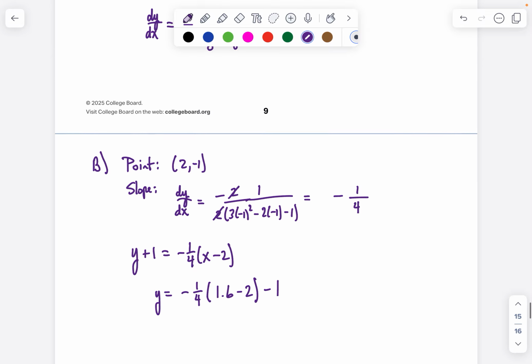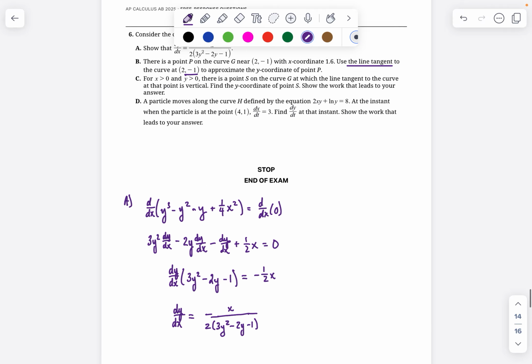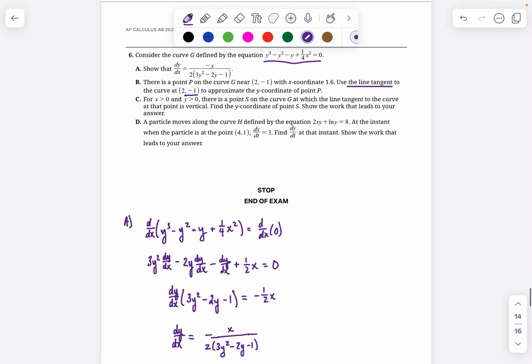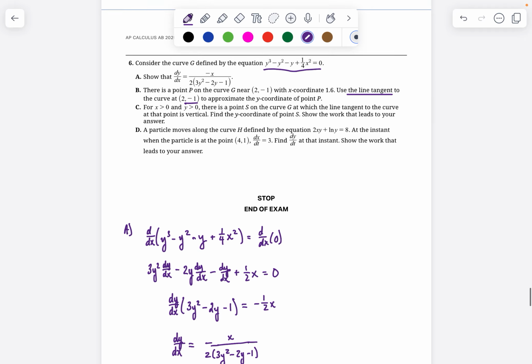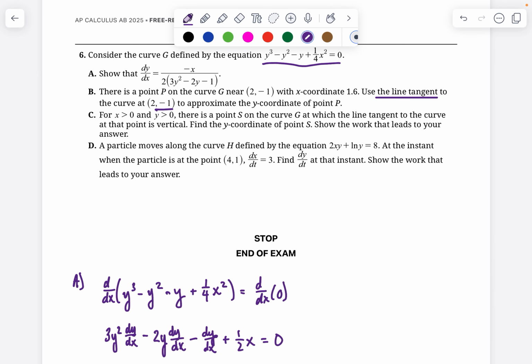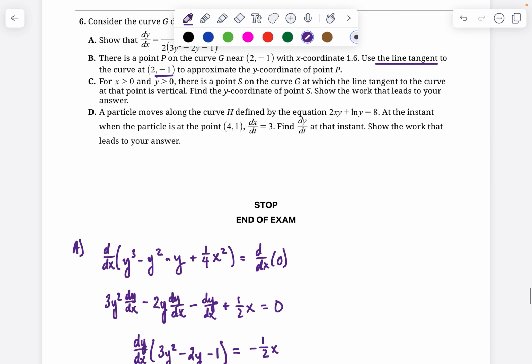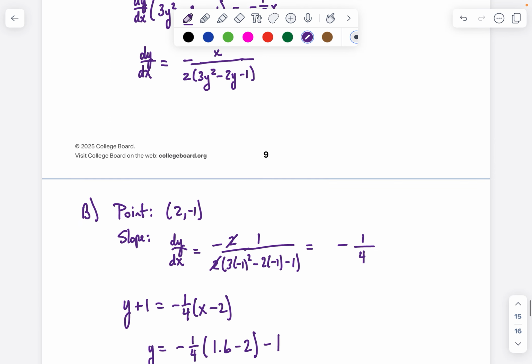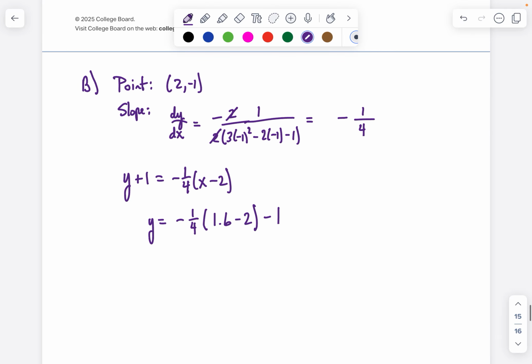One thing to mention on this part, they don't ask about it here, probably because this is an implicit curve, so it'd be a little bit harder to do. But one thing they a lot of times ask on this is, is your approximation an overestimate or underestimate? And so remember that if they ever ask you something like that, then you would want to be thinking about the concavity, or if the function's increasing or decreasing, and think about then if that tangent line would be an over or under approximation, right?